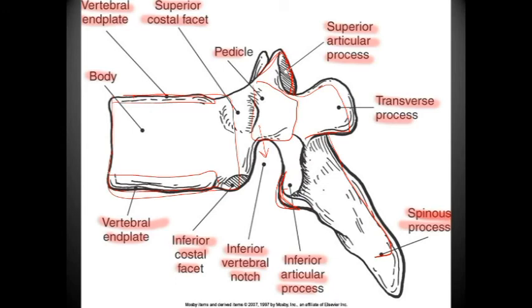Also, we have the inferior costal facet and a superior costal facet, and that is what we have for articulations for the ribs, if this is a thoracic vertebra articulating with a thoracic rib.